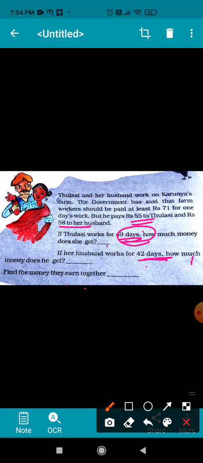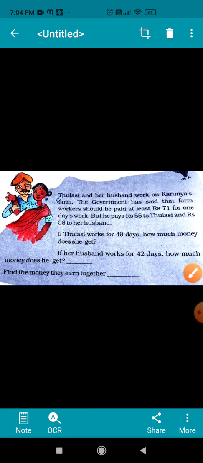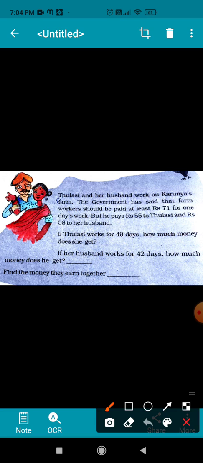And find the money they earn together. Means first you have to find out the amount that Tulsi gets for 49 days and her husband gets for 42 days, and then you have to add, because you have to find the money they earn together.